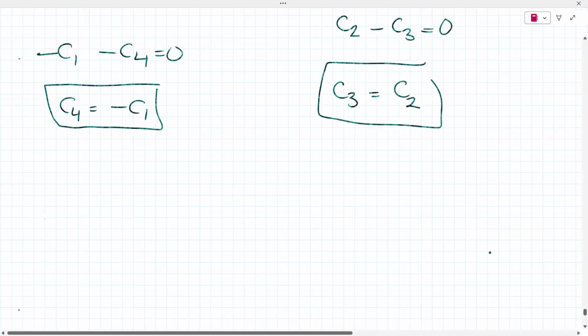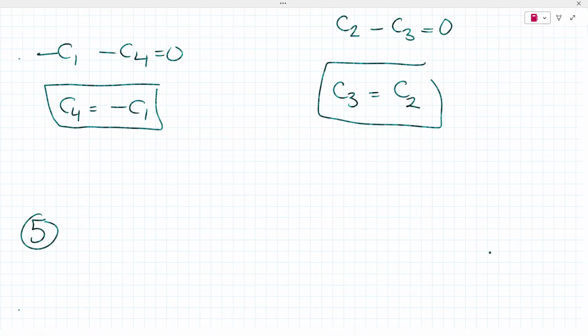Okay, step 5. You found your C1, you found your C4, you found your C3.